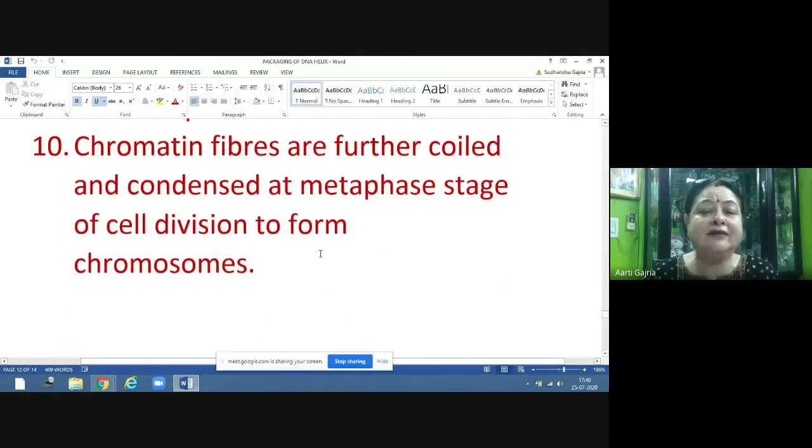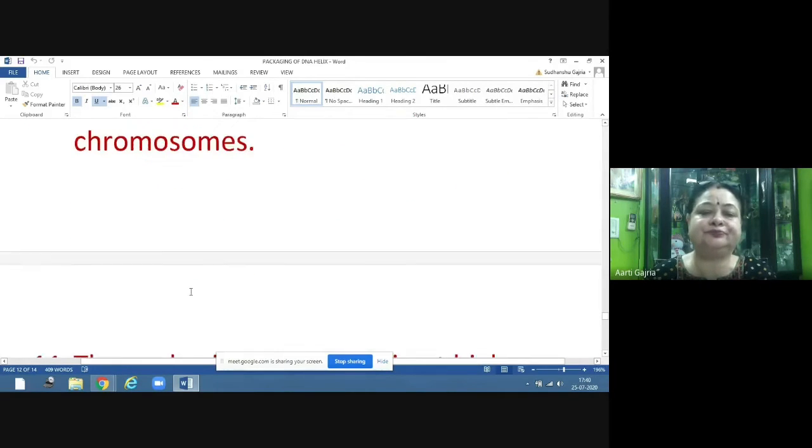So at metaphase stage, you can observe chromosomes.